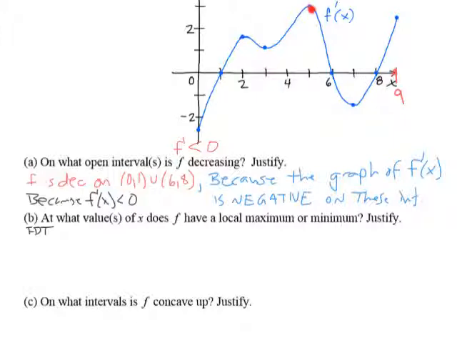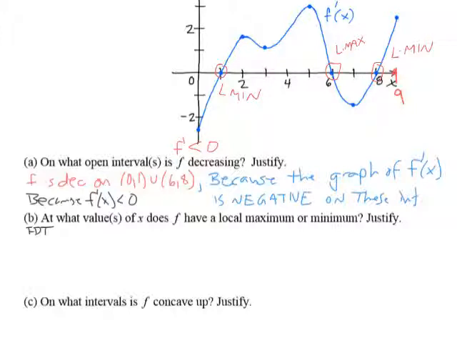Or if the derivative changes from positive to negative, we will have a local max. So right here we get our local min. We also have a local min at 8. And then at 6 we have a local max.